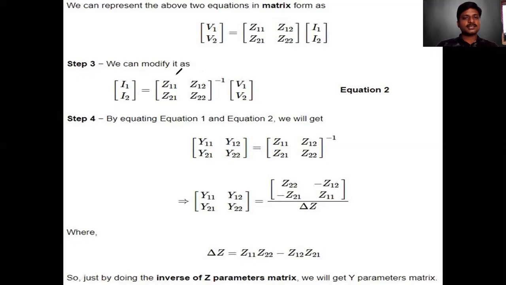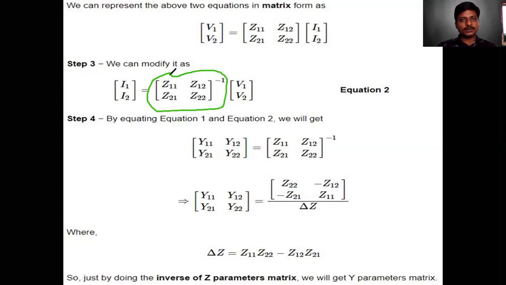So instead of the Y matrix we are taking the Z inverse matrix. Both are same. So if you want to find Y parameters from the given network, first you find Z parameters, then you find the matrix inverse. Obviously you will get the Y parameters. So that is how you can find Y parameters for any network, if you know how to find Z parameters.